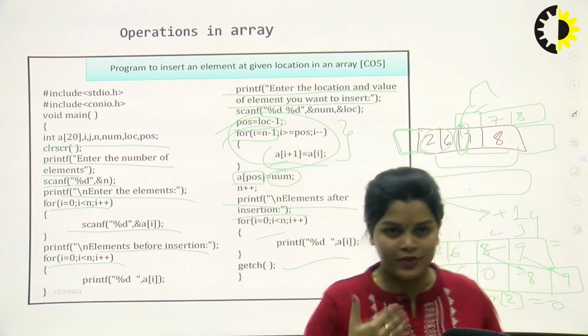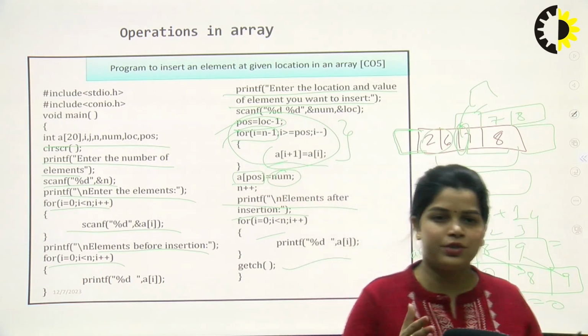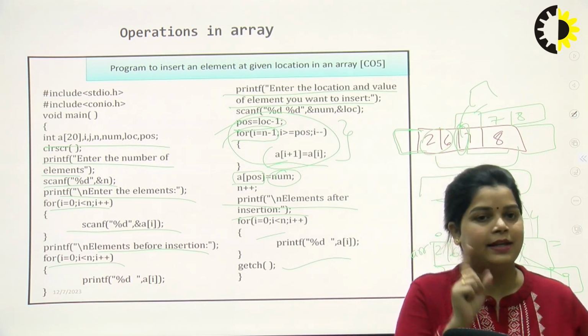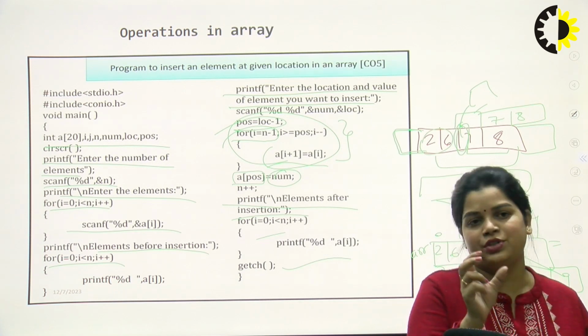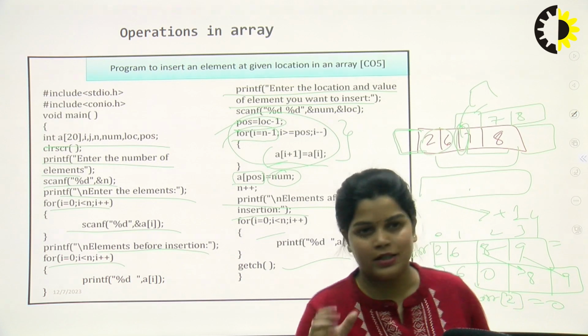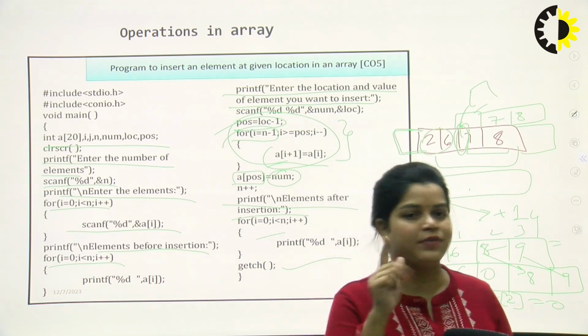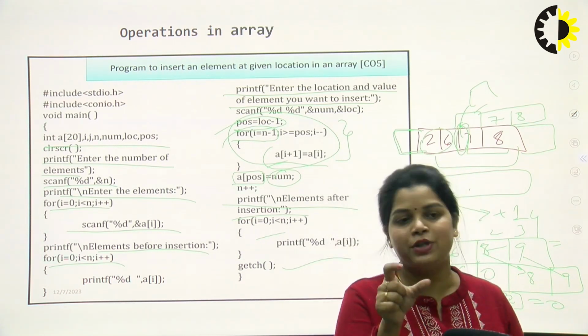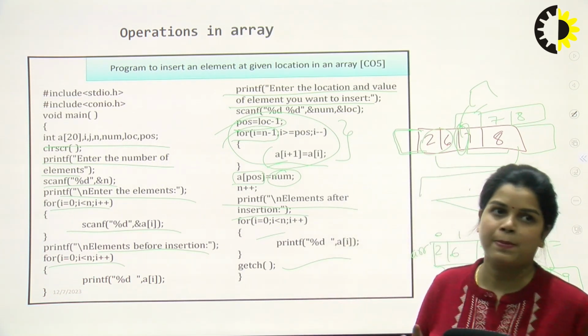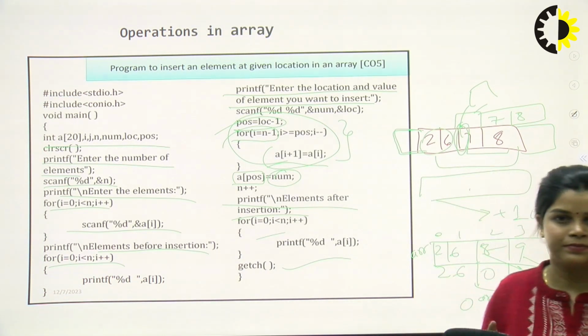And if it is in between, then you need not shift the whole array. Wherever you are inserting an element, from that position you have to shift all the elements by 1 position, and then in the space you have created you will enter the element which you want to enter. Okay.